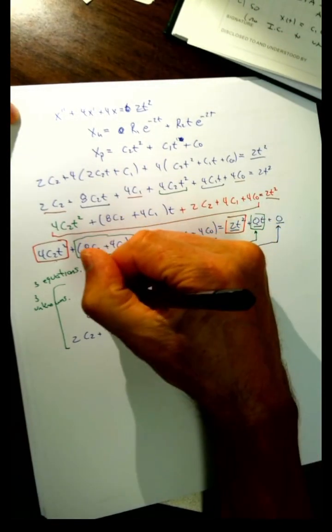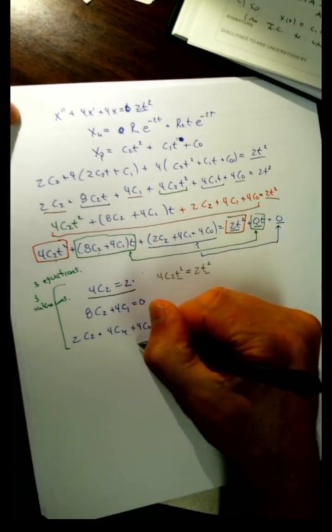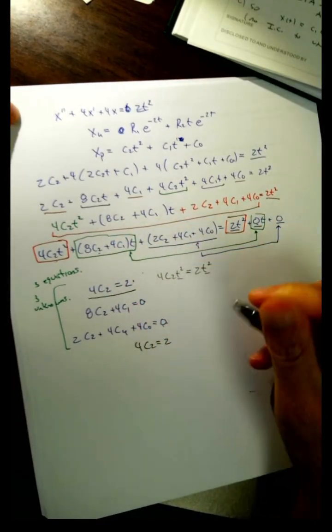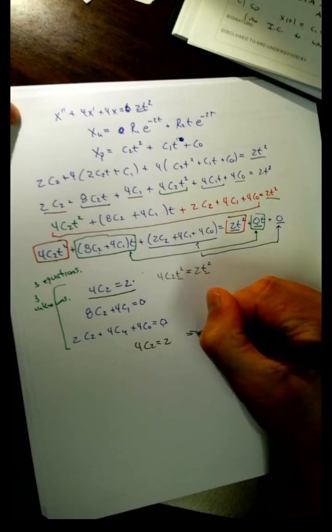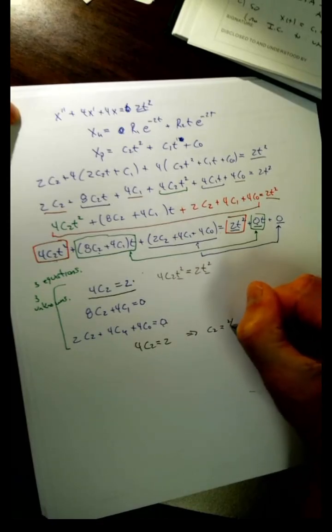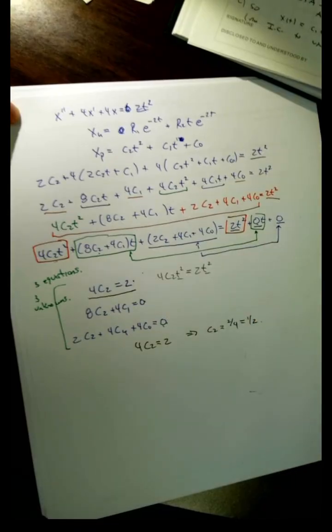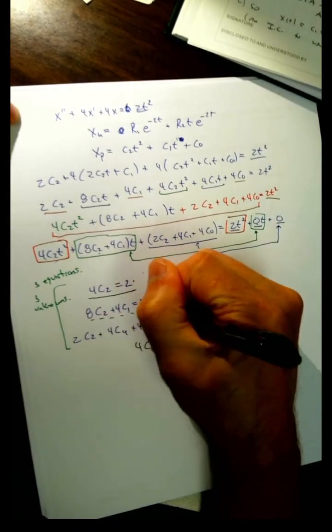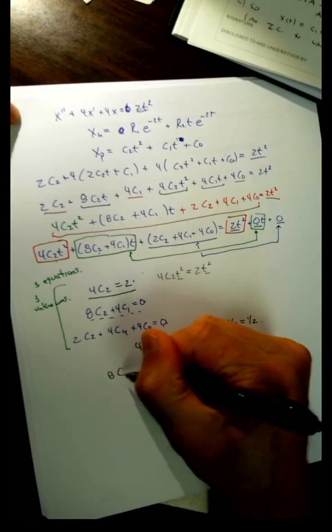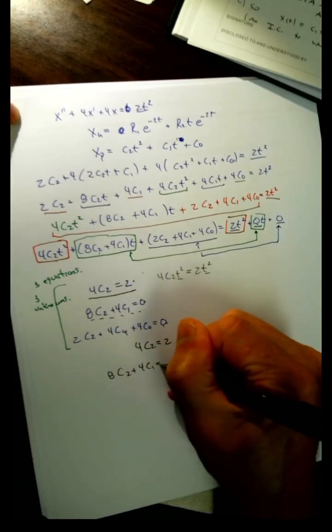So the first equation, 4c2 equals 2, implies that if I divide both sides by 4, c2 is 2/4, and I'm going to write that as a half. This equation, 8c2 plus 4c1 is 0.